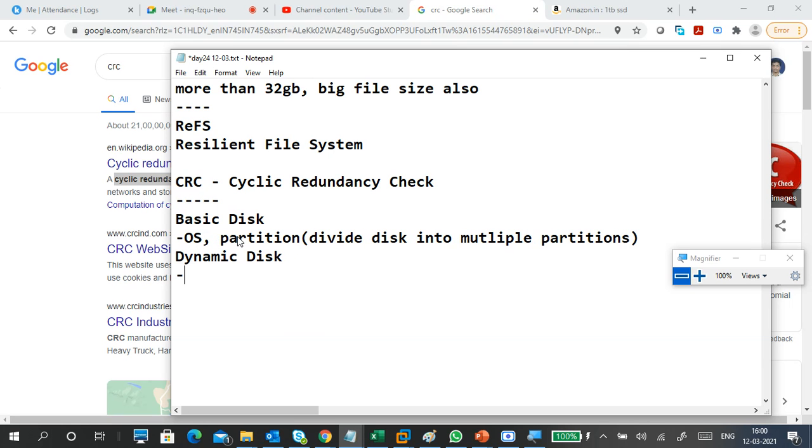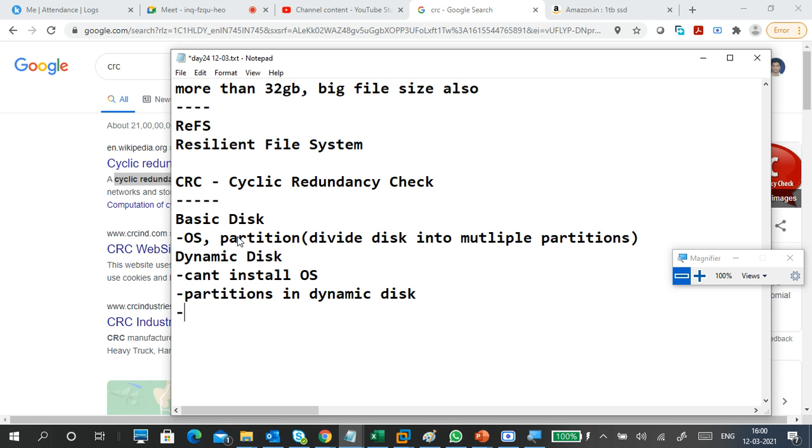Dynamic disk, we can't put an operating system into a dynamic disk. Okay. We can't install OS in a dynamic disk. Okay, and dynamic disk next. So in a dynamic disk we can make partitions, we can create partitions in a dynamic disk.